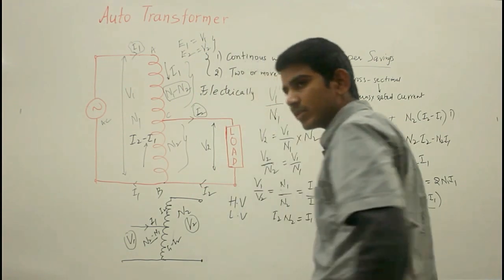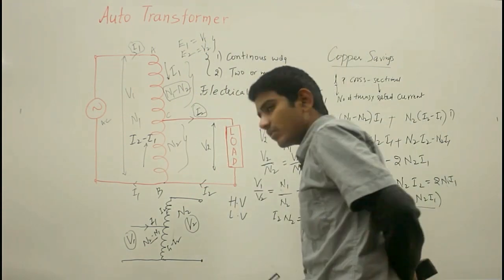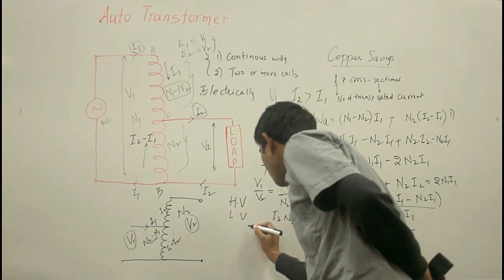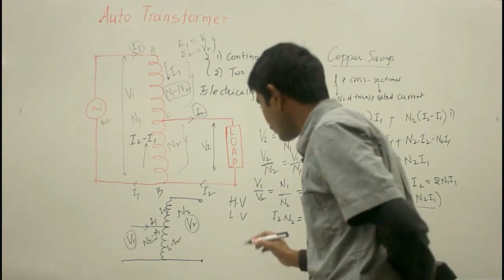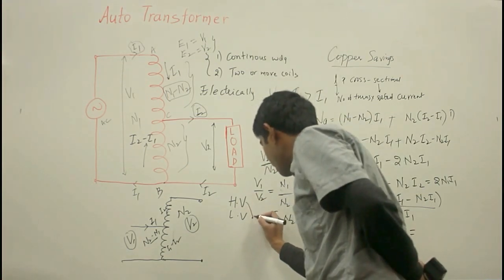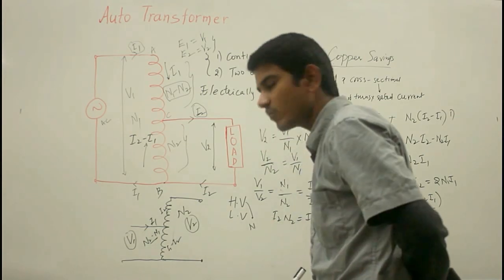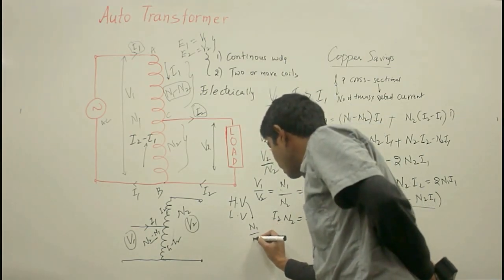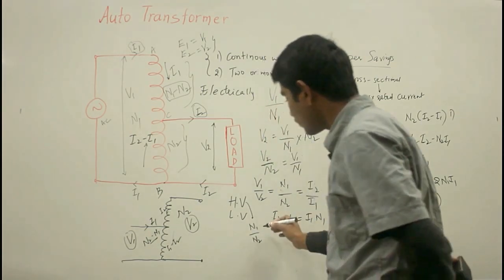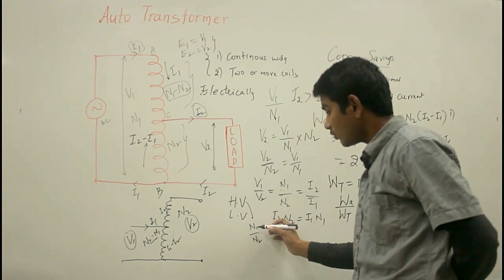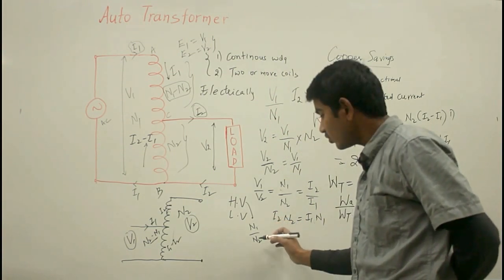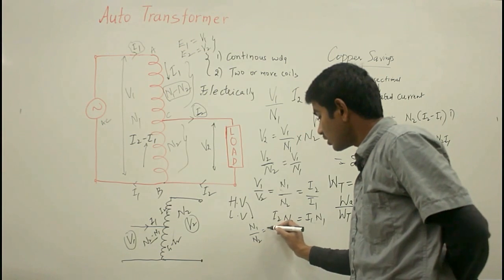Now according to IEEE standards, the turns ratio will be given by the number of turns in the high voltage winding. If I say N1 is the number of turns in the high voltage winding and N2 is the number of turns in the low voltage winding, the ratio of number of turns of high voltage winding and the low voltage winding is your turns ratio.